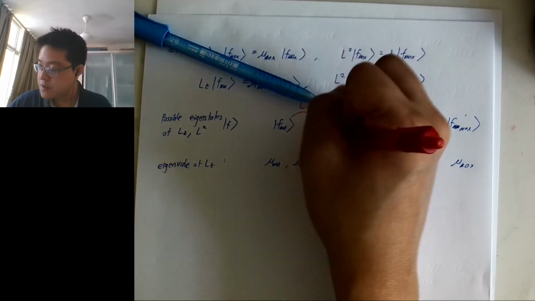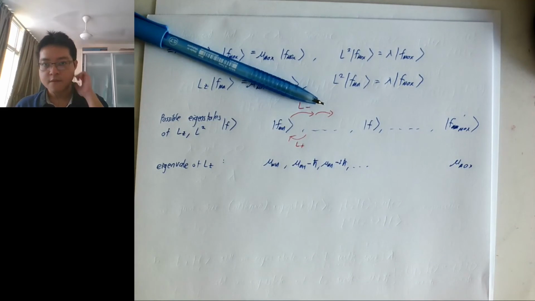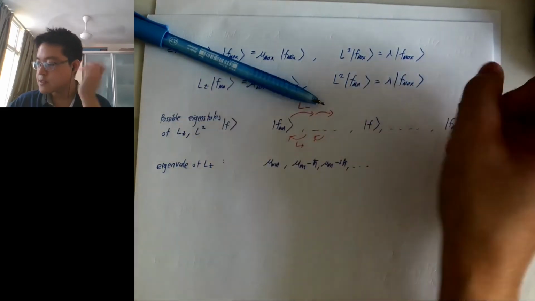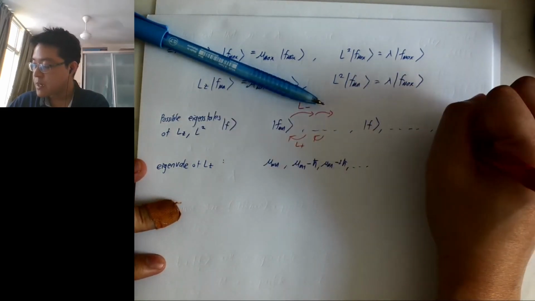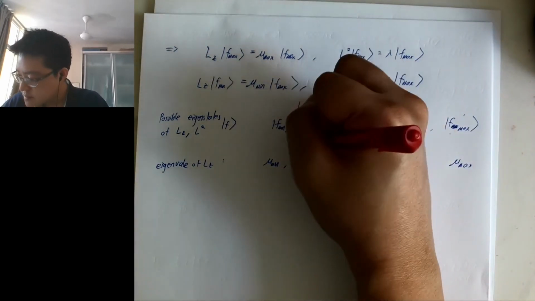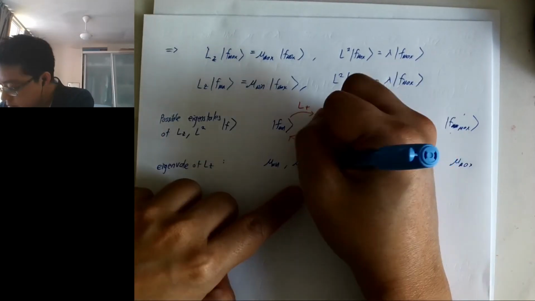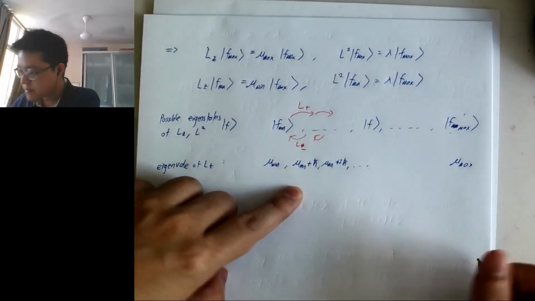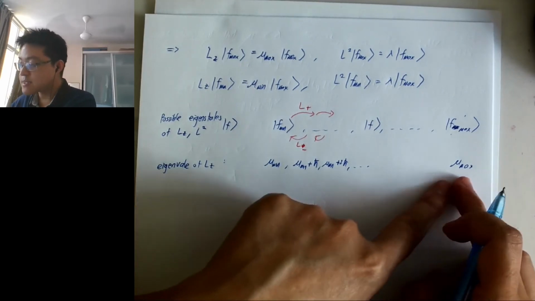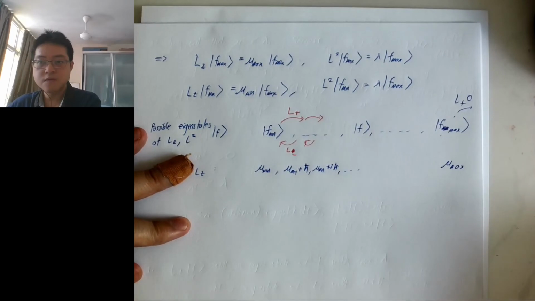If I want to go backwards, I apply the plus operator. Same story happens here. Wait, this is plus, minus, right? Plus increases. Yeah, correct. So this is the maximum. If I apply plus one more time, I get a 0, right?